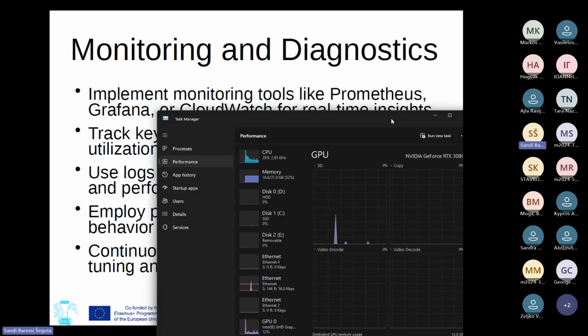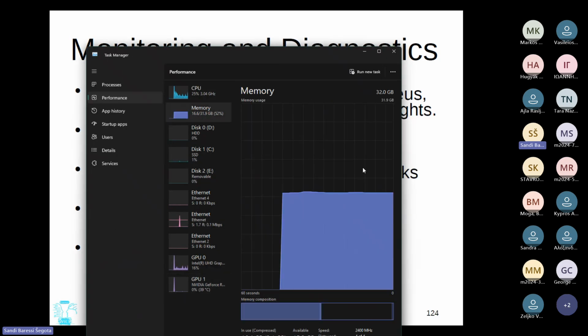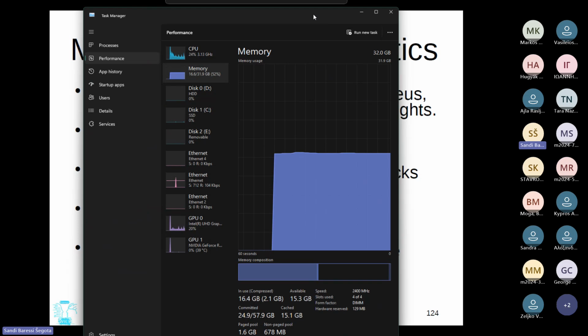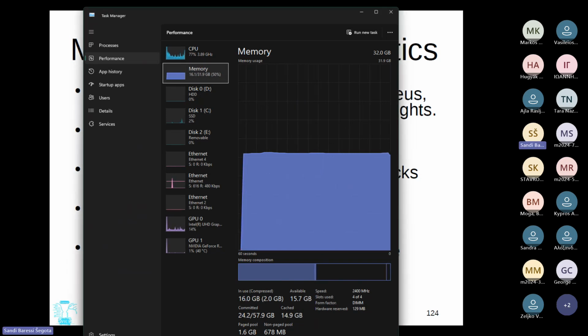So for example, here you can see that my memory, even though I'm not doing anything really serious, is around 16 gigabytes. So I want to optimize my use. Maybe I want to kill a few Chrome tabs or something that I have open.